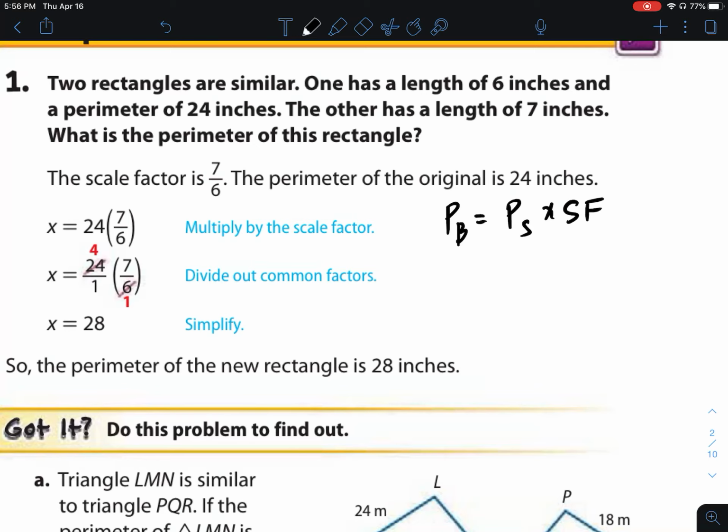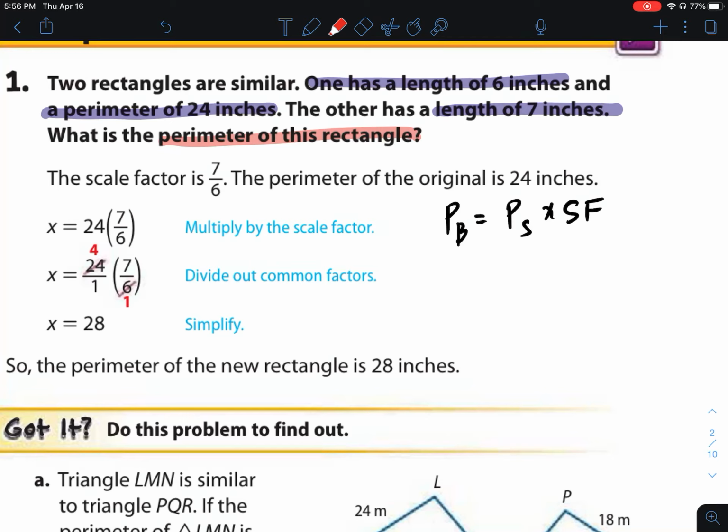Okay, so what do we know? We know that one has a length of 6 inches and a perimeter of 24 inches. The other has a length of 7 inches. We want to find out the perimeter of this rectangle with a length of 7 inches.